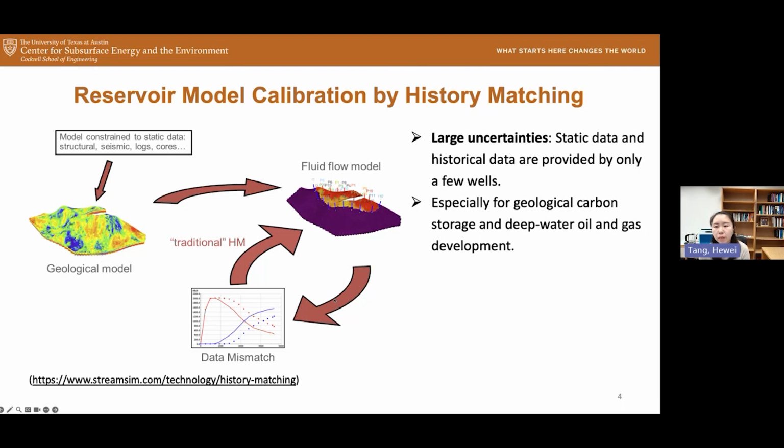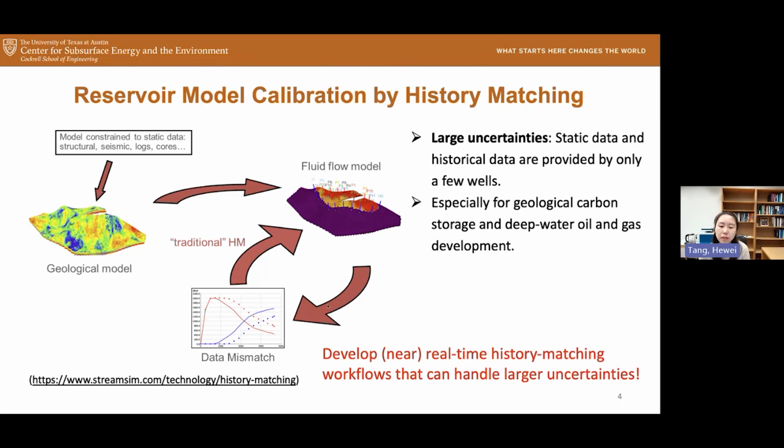We do not have that many wells to constrain our reservoir models. We also want to speed up this history matching process as much as possible so that we can reduce the cost. So the major objective for us is to develop near or real-time history matching workflows that can handle larger uncertainties.